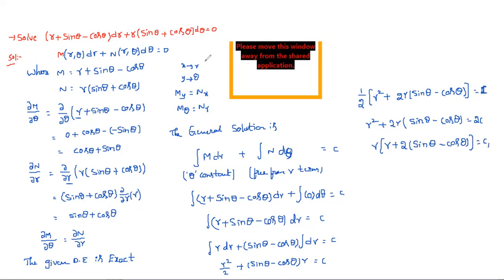So this is an arbitrary constant. Therefore the general solution of the given differential equation is r into r plus 2 sine theta minus cos theta is equal to c1.